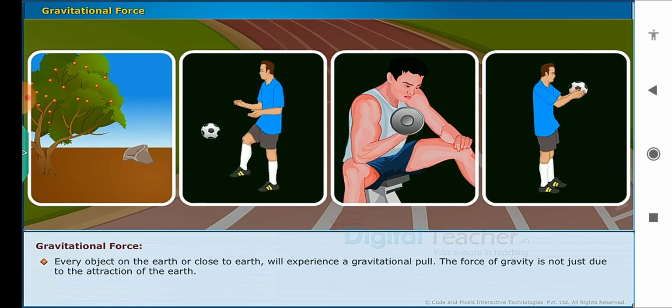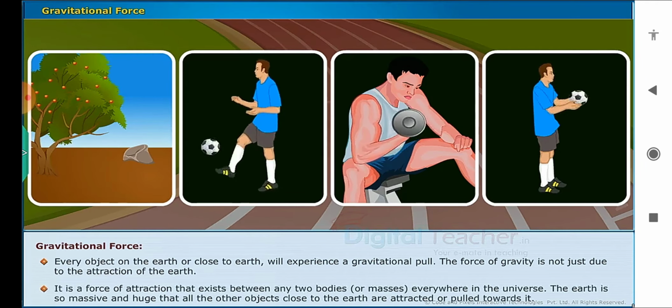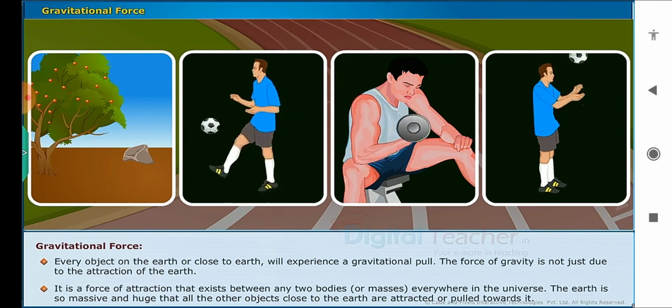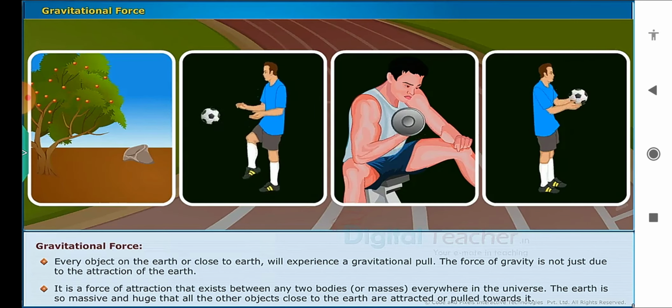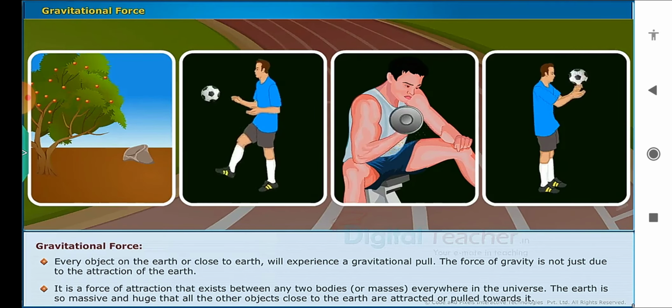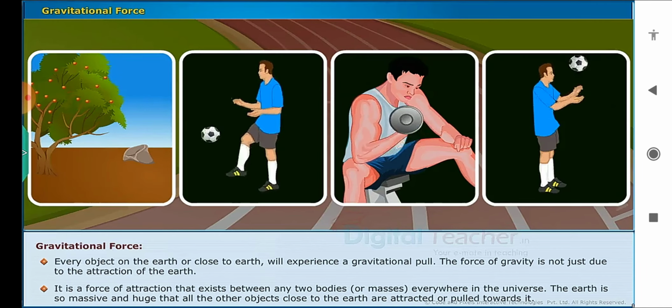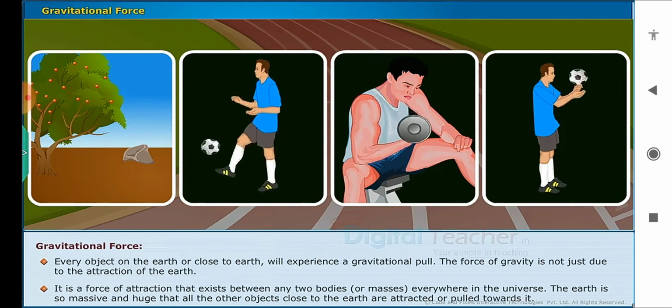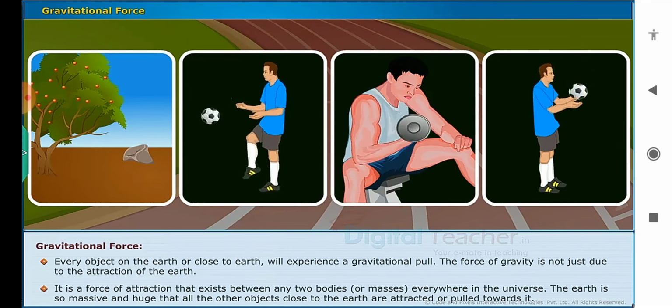The force of gravity is not just due to the attraction of the earth. It is a force of attraction that exists between any two bodies or masses everywhere in the universe. The earth is so massive and huge that all the other objects close to the earth are attracted or pulled towards it.